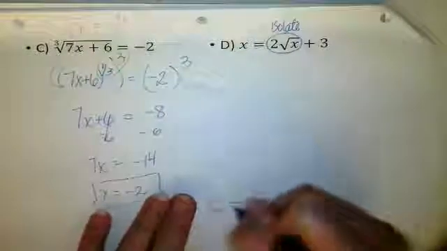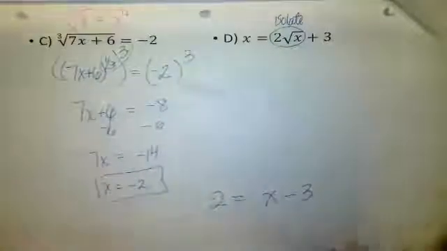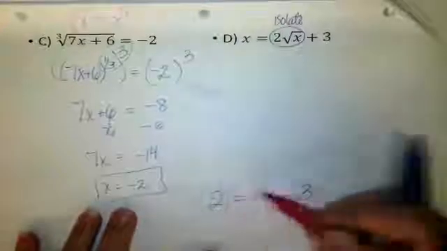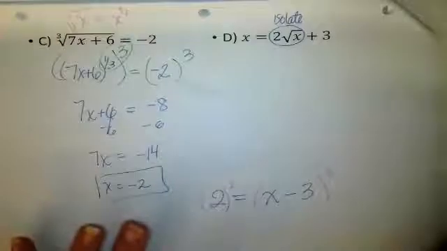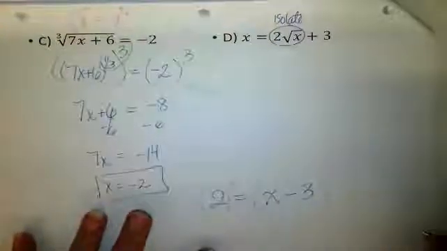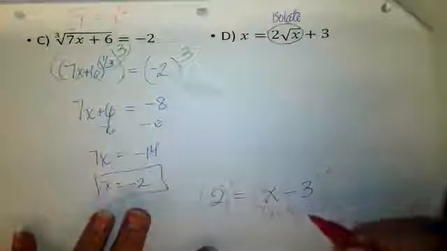Right now, let's pretend I had 2 equals x minus 3. If I had to square both sides like this, what do I have to do with the x minus 3 quantity squared? It's x minus 3 times x minus 3, isn't it?